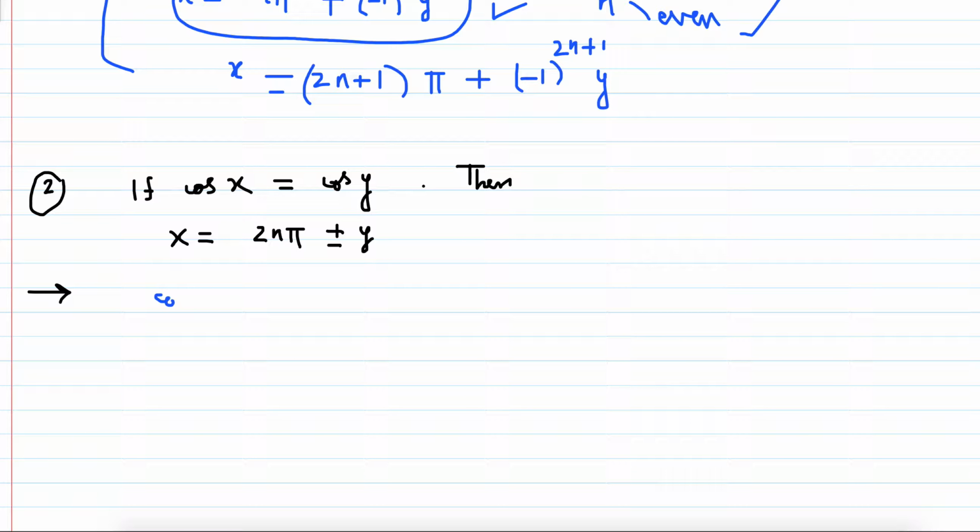Similar to our earlier first example, we will write cos x minus cos y is equal to 0, and we will use the formula for cos x minus cos y.